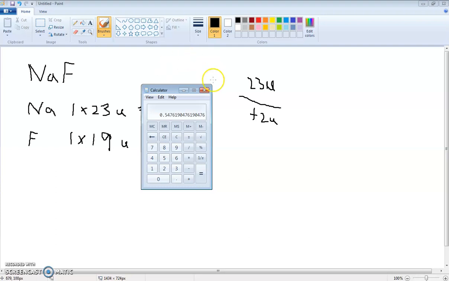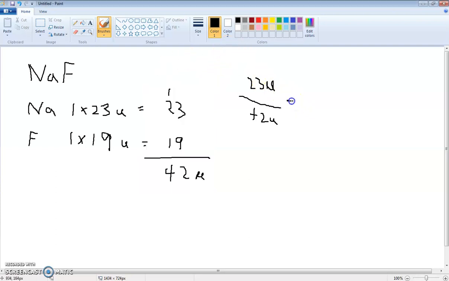And we get 0.548. If we multiply that by 100, we get 54. That's a terrible looking four. Let me fix that.